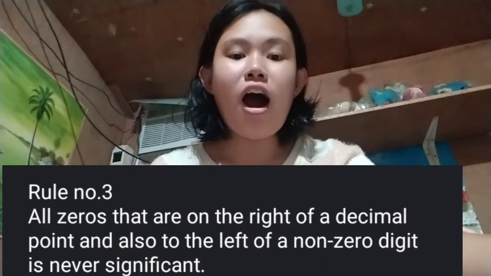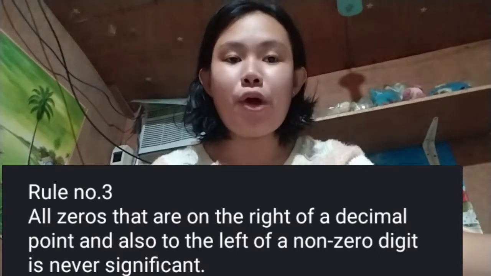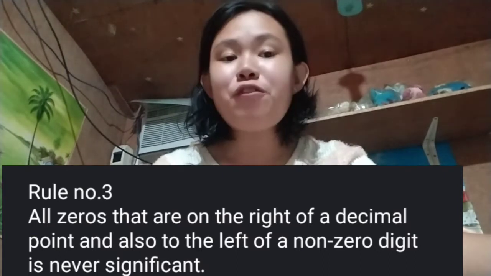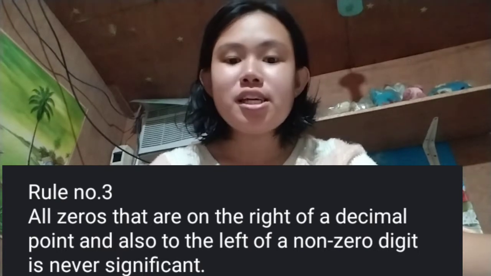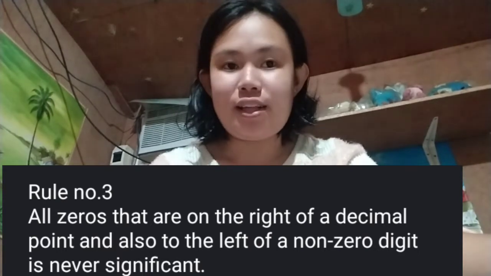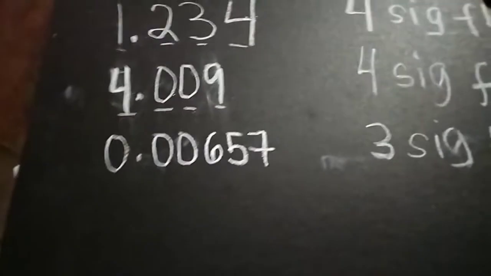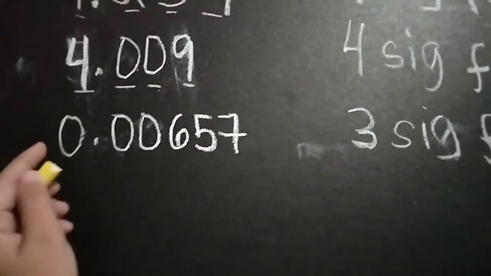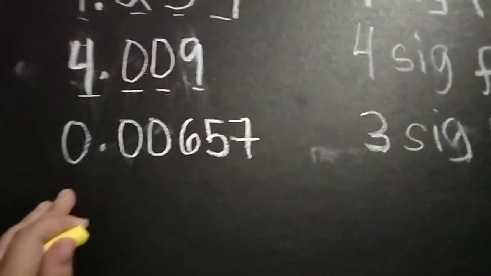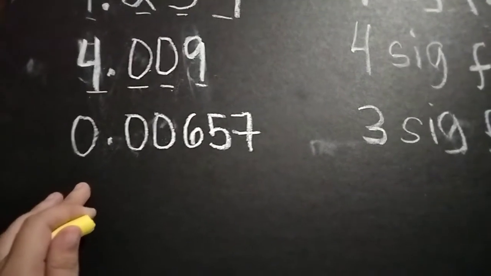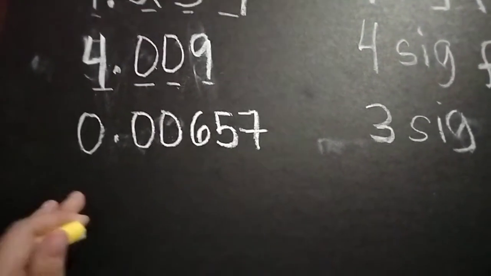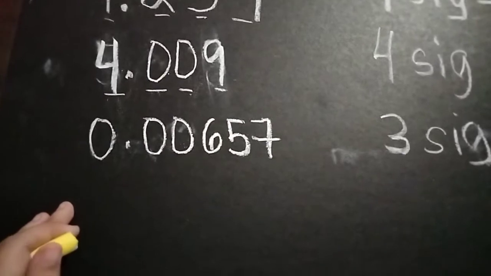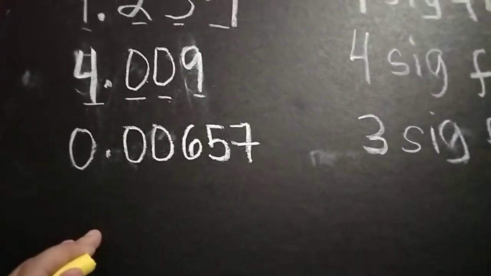Rule number 3: all zeros that are on the right of the decimal point and also to the left of a non-zero digit are never significant. As you see, the zeros are on the left side, so they are not countable as significant figures.